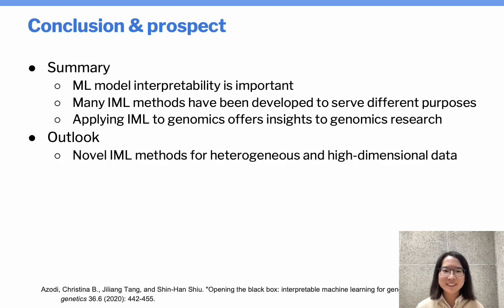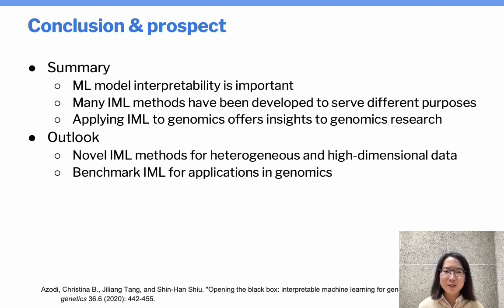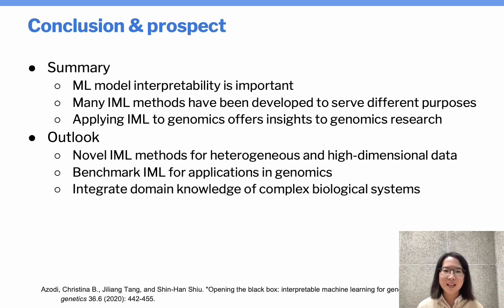As for outlook, we still need to develop novel IML methods for heterogeneous and high-dimensional data. Additionally, we need to benchmark current IML methods for different genomic applications. Last but not least, it is important to integrate domain knowledge of complex biological systems so that we can develop better IML methods for AI in genomics.